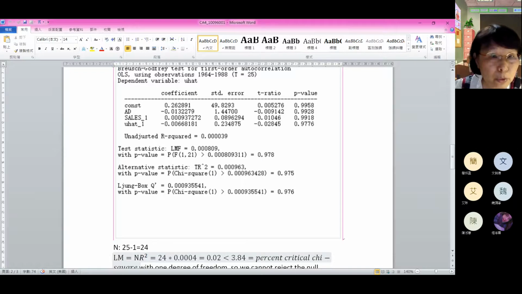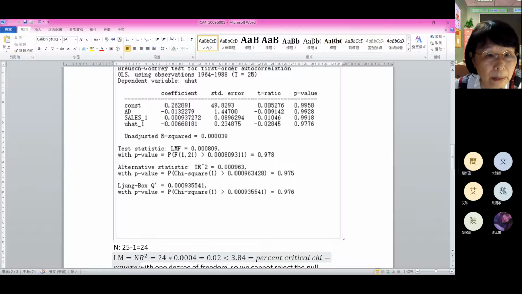So instead of using 24, you need to use 25, okay? And actually, it's already done from Gretl.